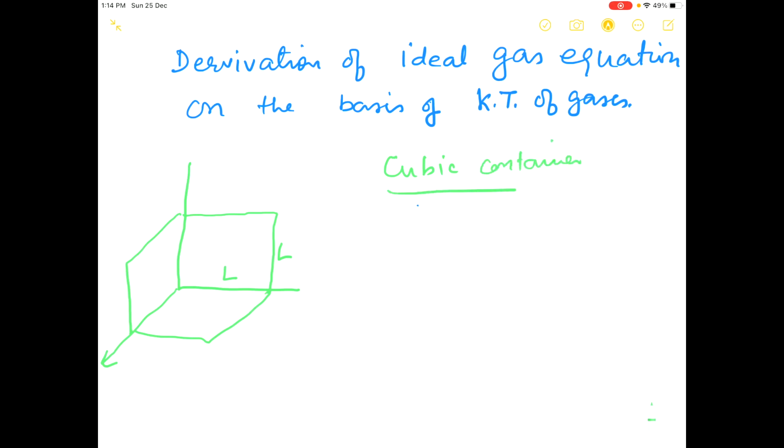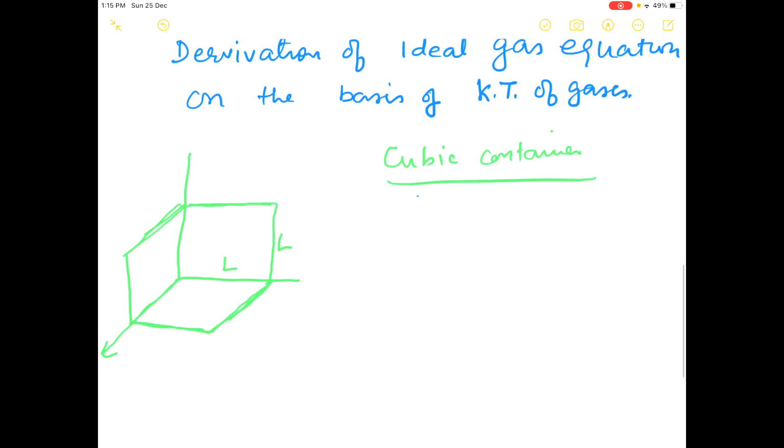A number of molecules of a monoatomic gas is contained in this container. Suppose one molecule is moving along the x-axis with velocity ux.